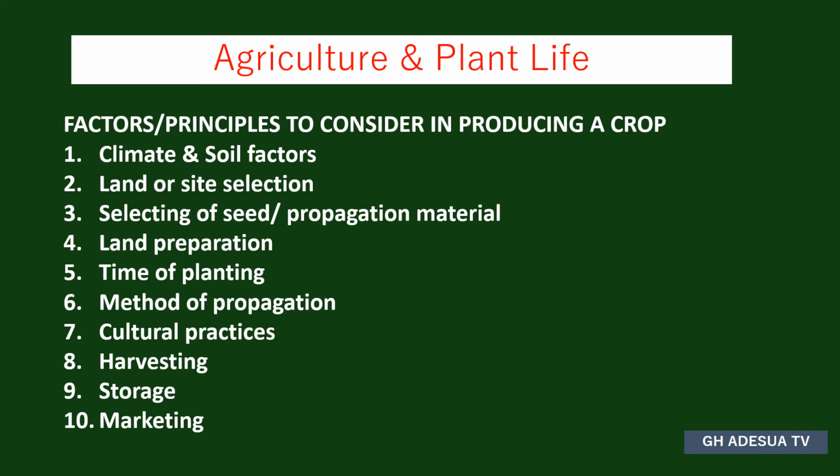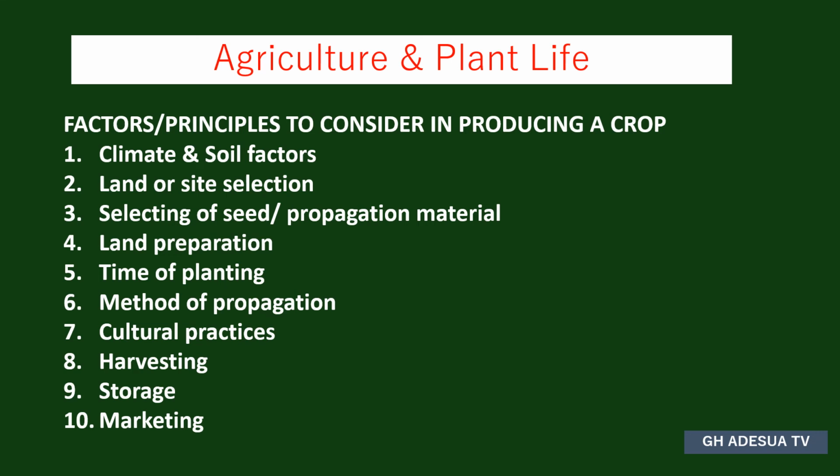So all these factors are very relevant, and you need to look at them when deciding which crop to plant and which location you are going to do that. Then also the land or the site selection. You need to find the right location for your crop production.